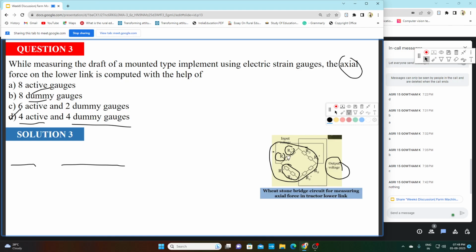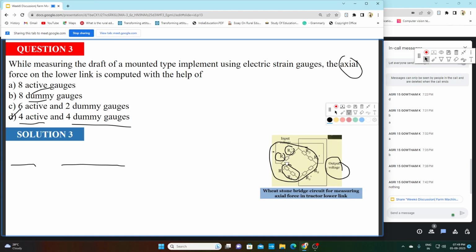For each active gauge we use one dummy gauge. Why? During the operation there are many outside errors, like due to vibration or temperature change, due to which the change in resistance would not be accurate. So for that we use a dummy gauge.